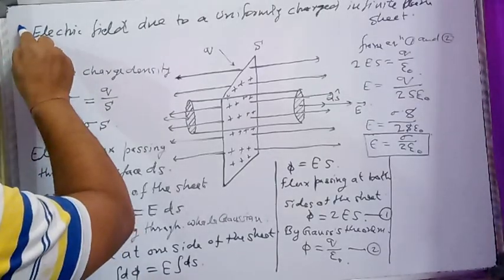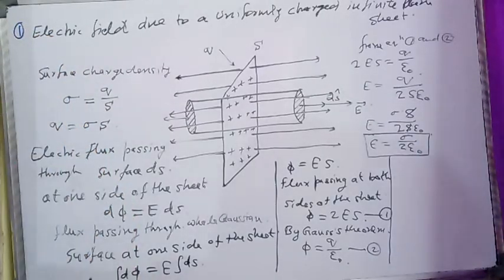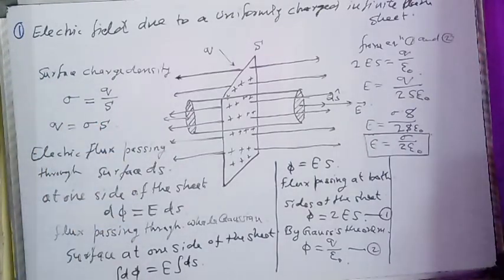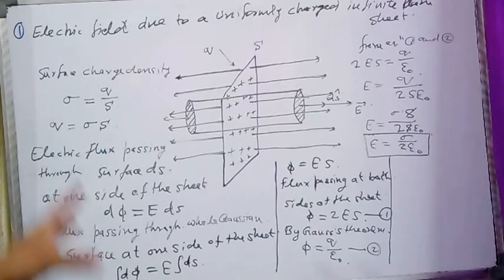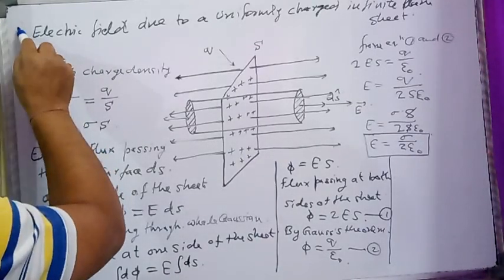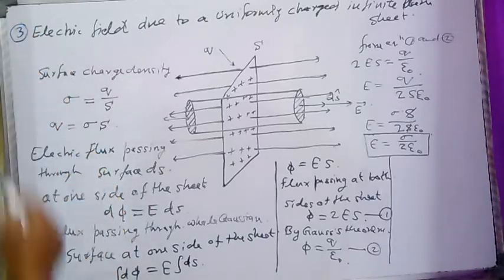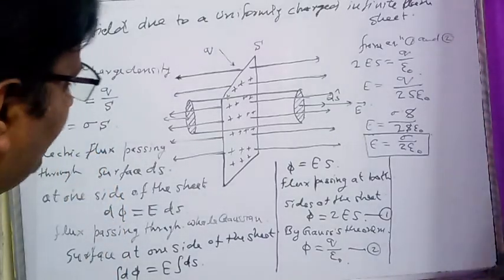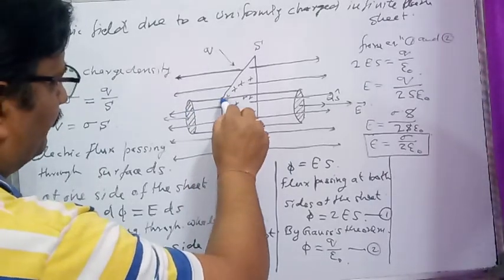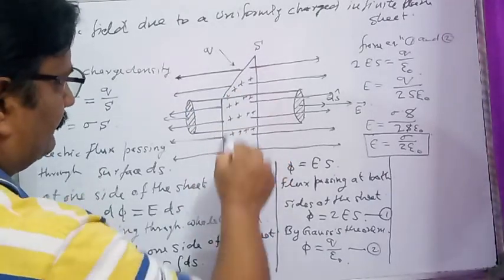First, electric field due to an infinitely long charged conductor. In the second application we saw electric field due to a charged spherical shell. Now in this third application, we find the electric field at a point in the nearby space of a plane sheet of charge.